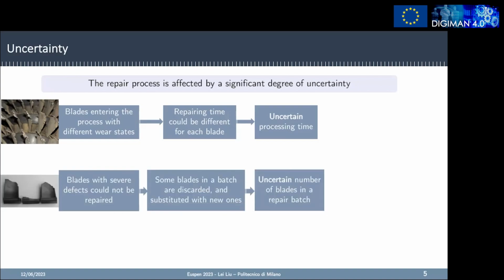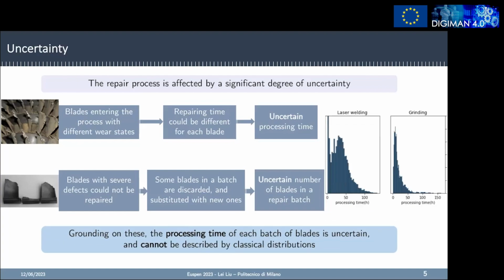And also, blades with heavy damage cannot be repaired, so some blades in the batch are discarded and substituted with new ones. This leads to an uncertain number of blades in the repair batch. Based on these two factors, the processing time of each batch of blades is uncertain. And from the historical data, we can see that it cannot be described by a classical distribution.